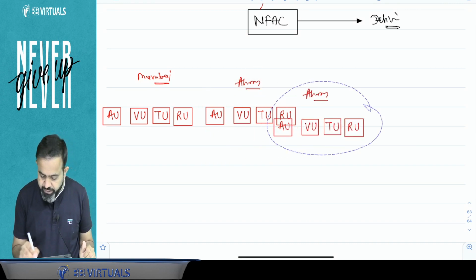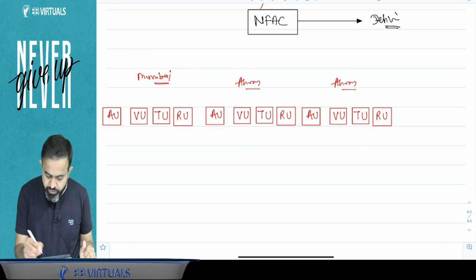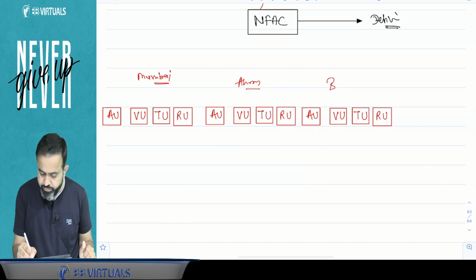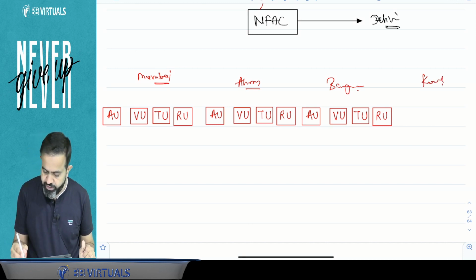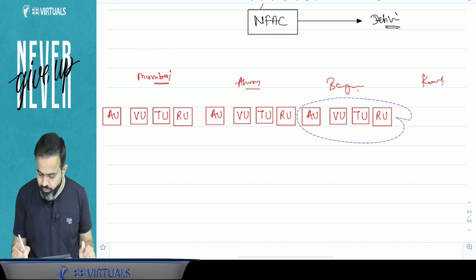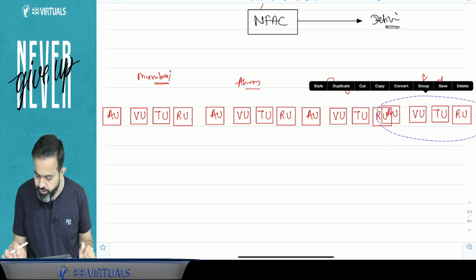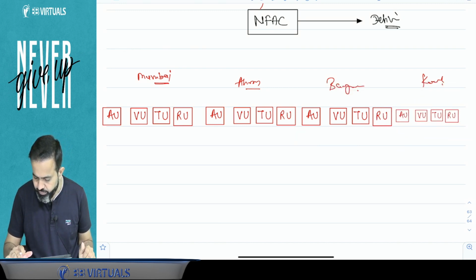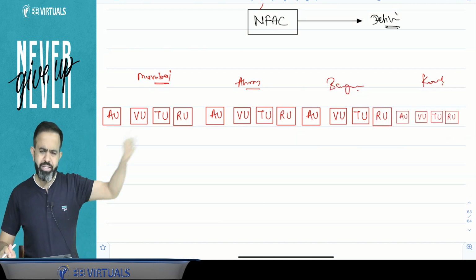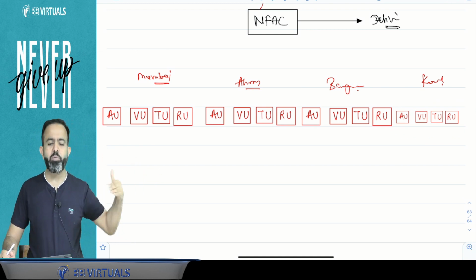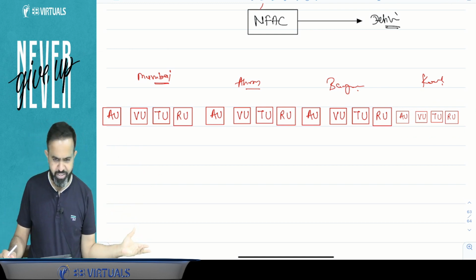In Bangalore also they have constituted same type of unit. Suppose in Kolkata also they have constituted various this type of unit. So guys, they have constituted this unit in various areas.